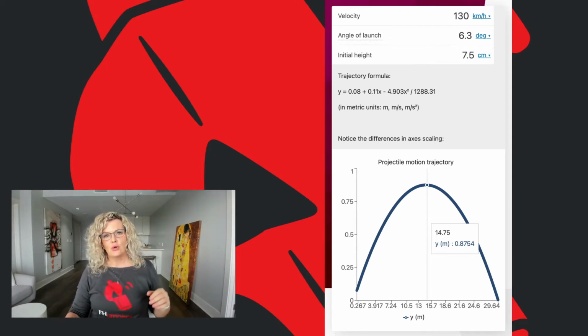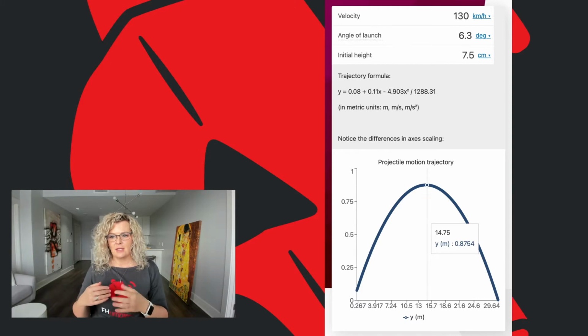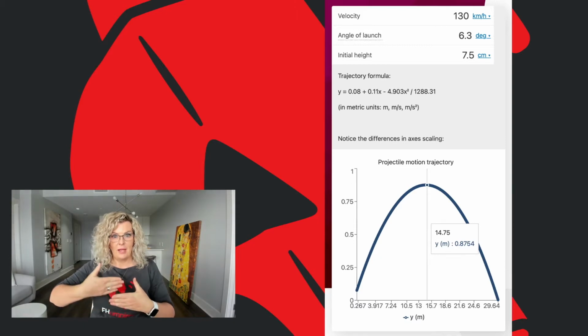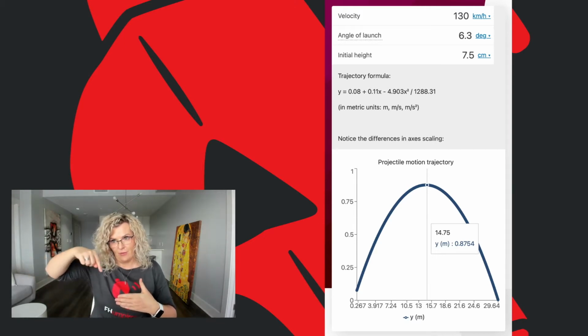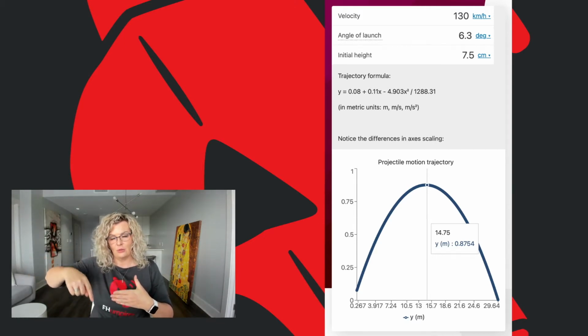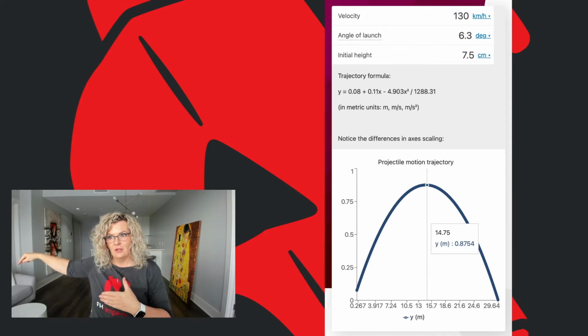14.75. So yes, we know that the full distance of the circle is 16.63 meters. And I'm taking that as being from right inside the circle and over the line, because actually it's 16.63 from the front of the goal line to the second edge of the circle.